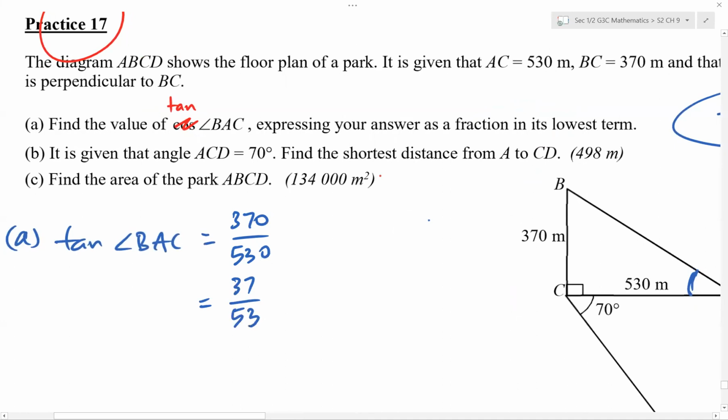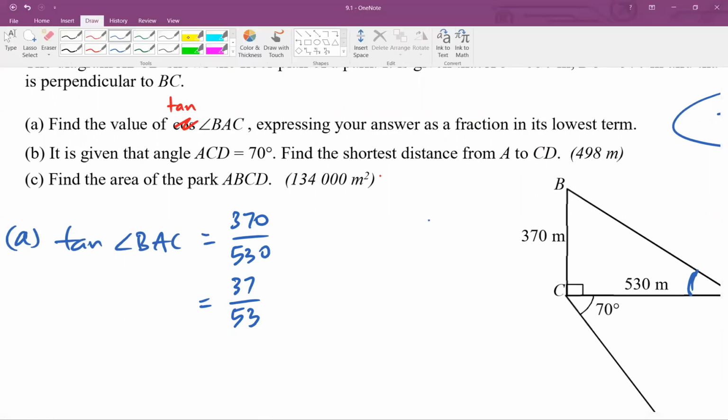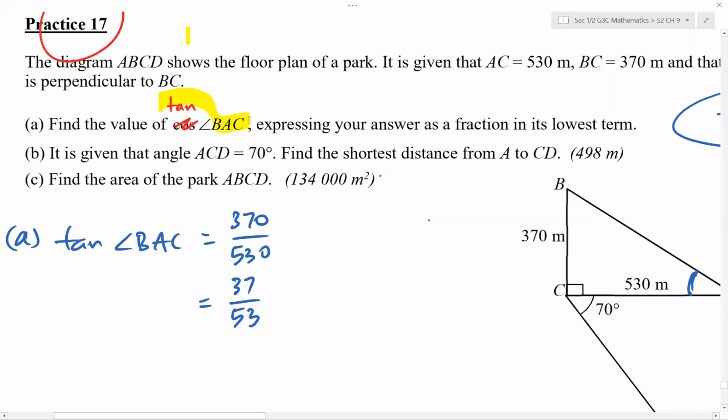Frequently during your assignments or your tests, exams, you'll be asked to answer questions like this, expressing your answer as a fraction in the lowest form. Then this is what we expect as the answer.